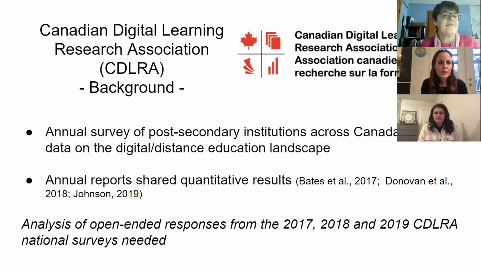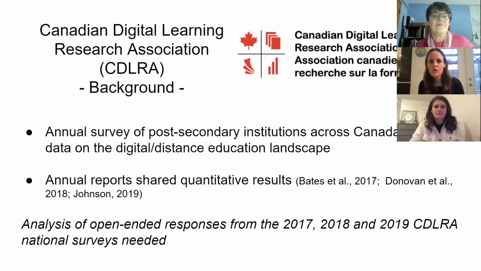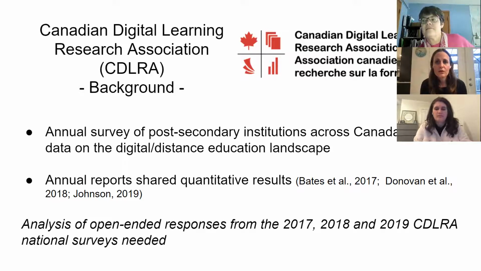We started in 2017 running an annual survey of post-secondary institutions across Canada. It was a one-year survey. We got a single response from each institution, and it included a mixture of quantitative responses and also open-ended qualitative responses. And so we produced an annual report.